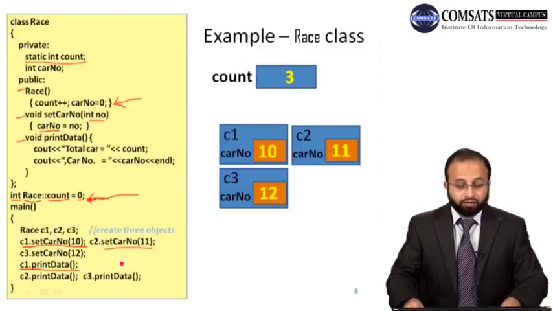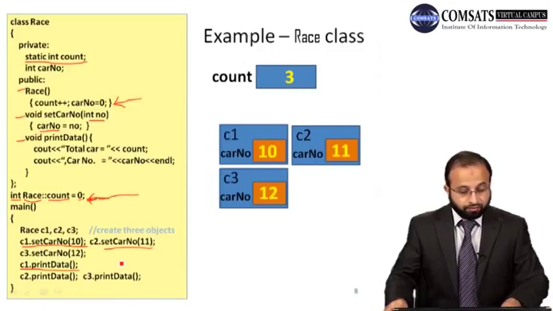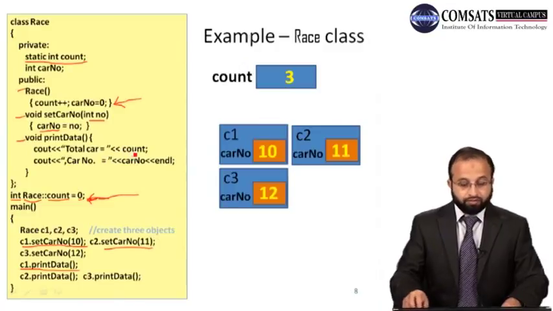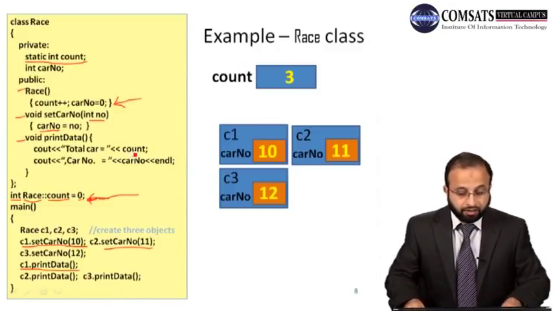And then we have a print data function. So C1 dot print data. You're going to print the data, right? So when you go to the print data function, it will display total car is equal to count. Total cars are 3 because we created 3 objects.